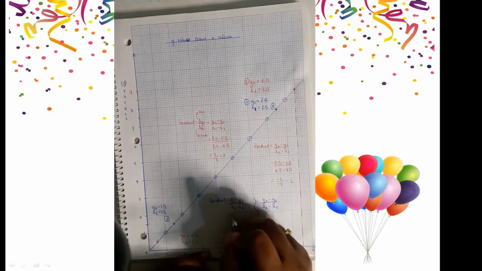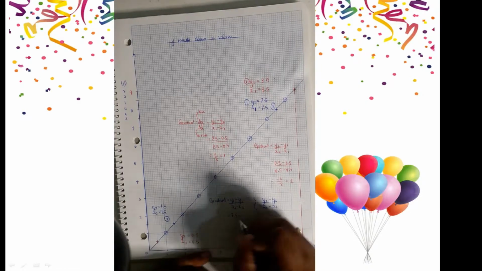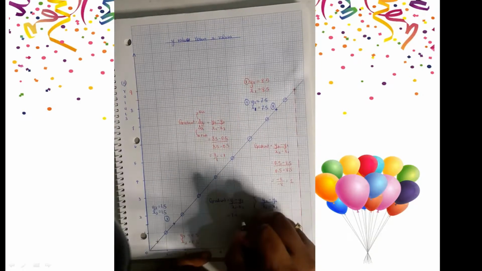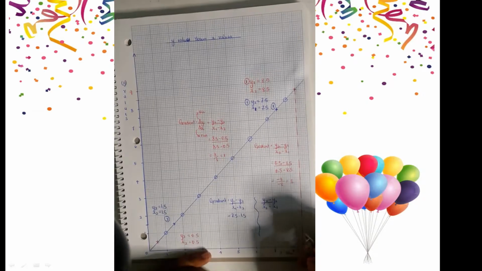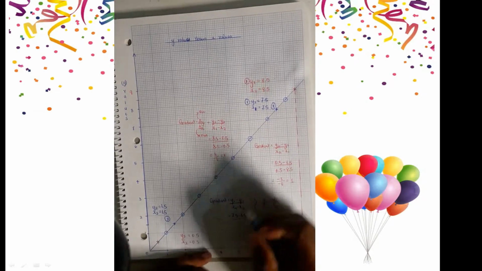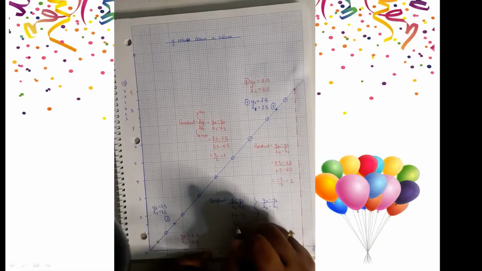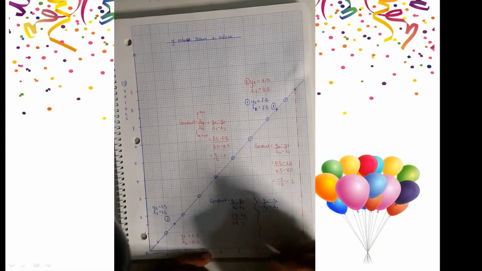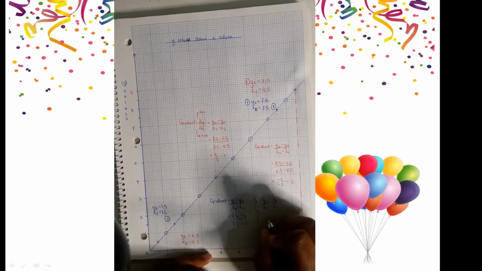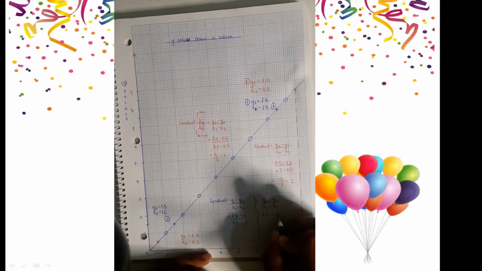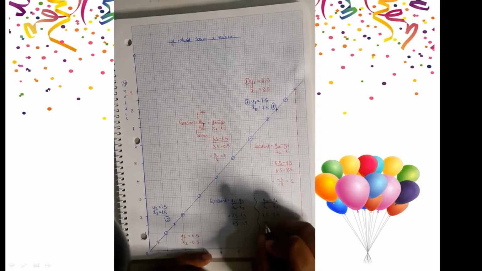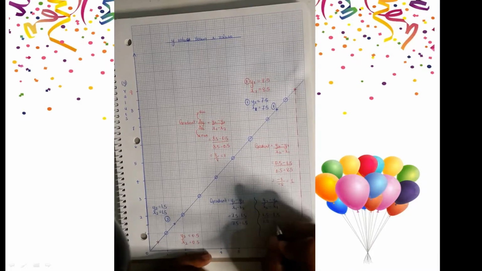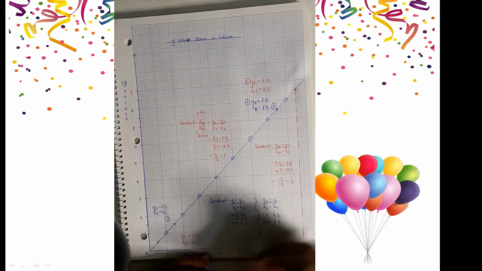So y1 is 7.5, y2 is 1.5, right? And x1 is 7.5, while x2 is 1.5. And let's just do this the other way for this one. So 1.5 minus 7.5 divided by 1.5 minus 7.5.